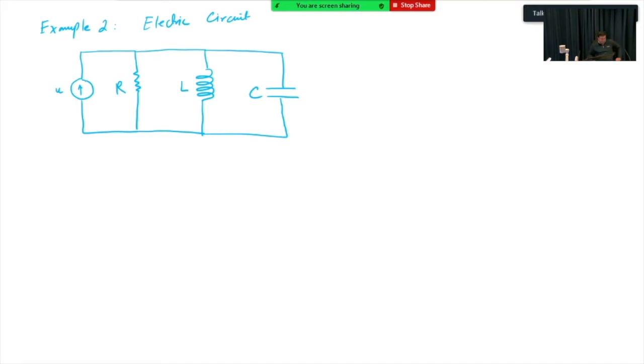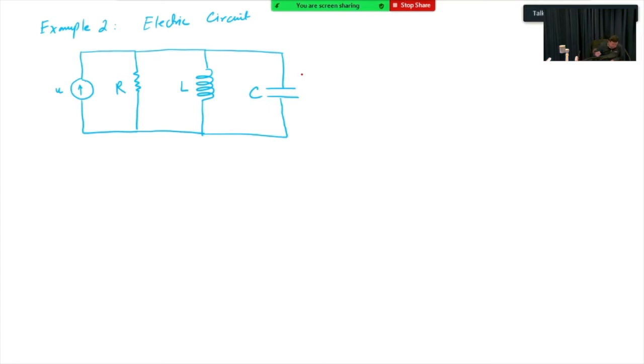And in these types of circuits, you have to first decide what the state variables will be. The most important thing whenever you develop a state space model is to first know what the state variables are. And obviously you can pick different quantities, and accordingly your state space model will be different, but it will still be the same system.